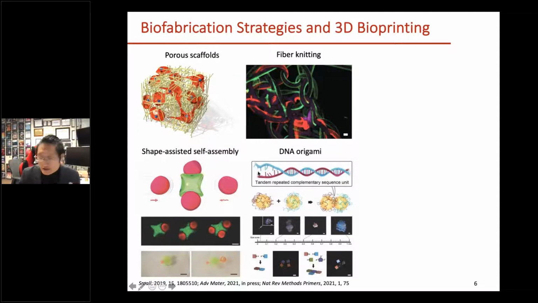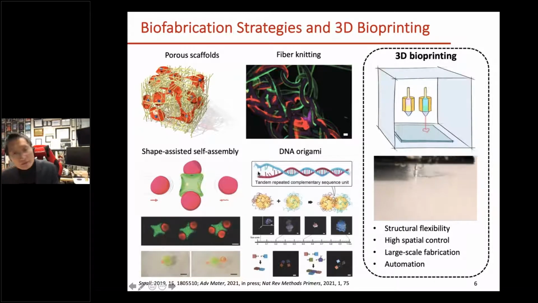So that's why in the past 10-ish years, people have been really trying to focus on the bioprinting method, because it's truly an automation strategy, allowing you to really pattern the cells and ECMs in 3 dimensions with pretty nice control over their architectures, right? And also with automation, you can start to fabricate the tissues at larger scales.